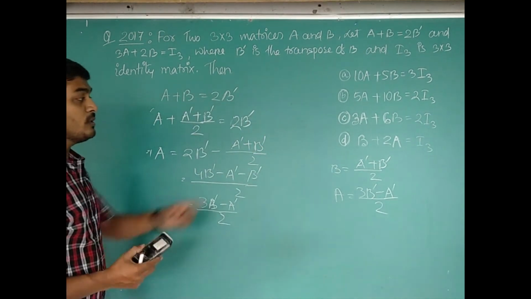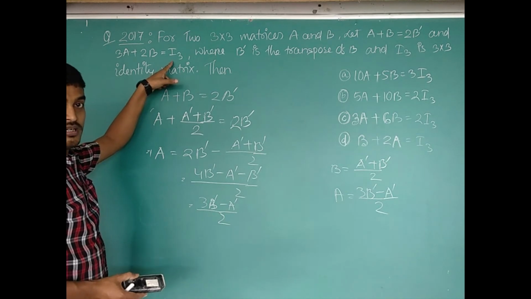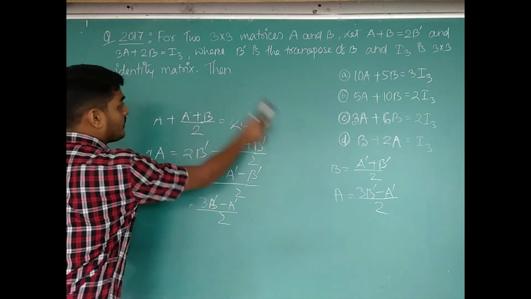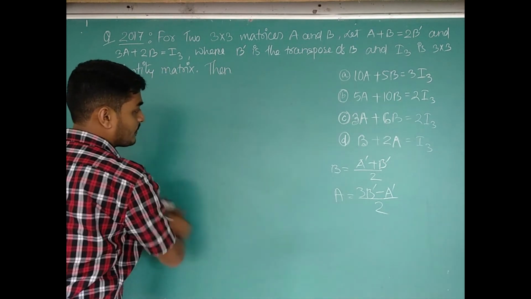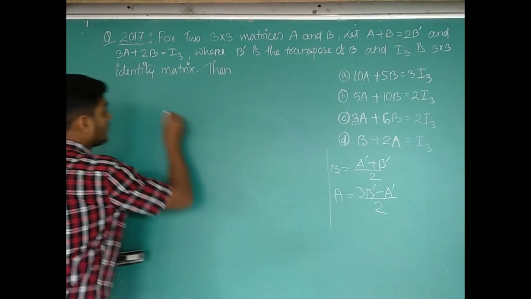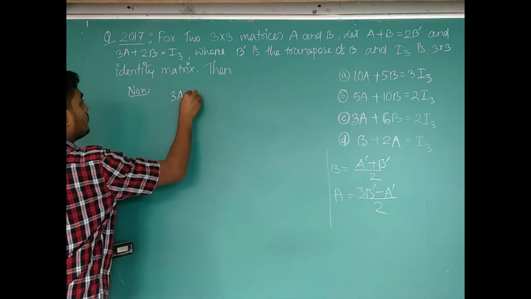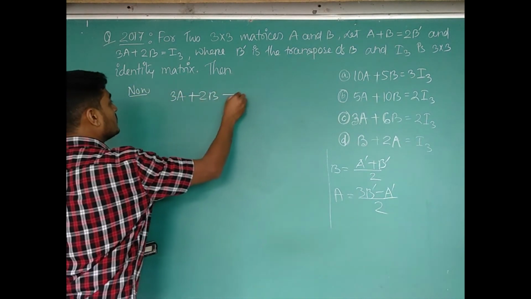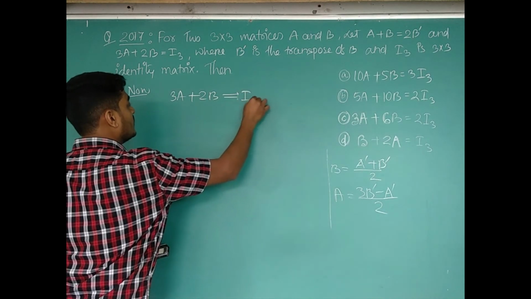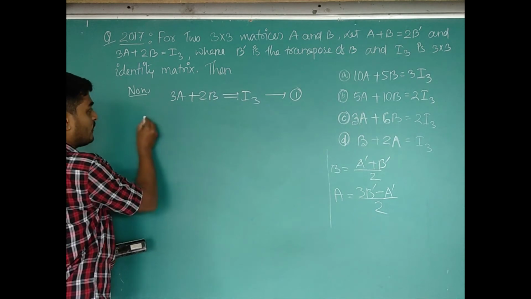Now we will put the value of A and B in the second equation, and try to find the relationship which one is correct. So this is the value of A and B. Now thrice A plus twice B is equal to I3. Suppose this is equation number 1. Now put the value of A and B here.